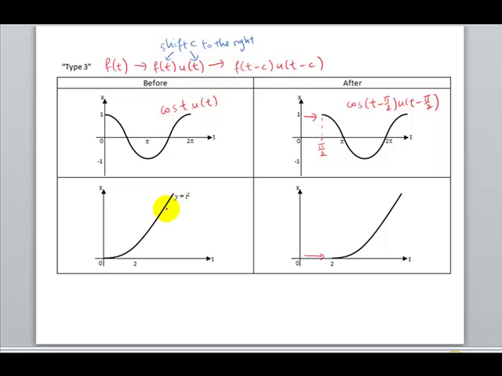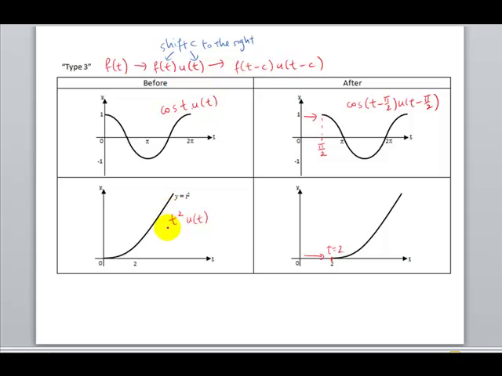So I have this t squared function, which I will write as t squared, which starts at the y-axis, so t squared u(t). And now I look at this shifted graph. Shifted by how much? Shifted by 2.